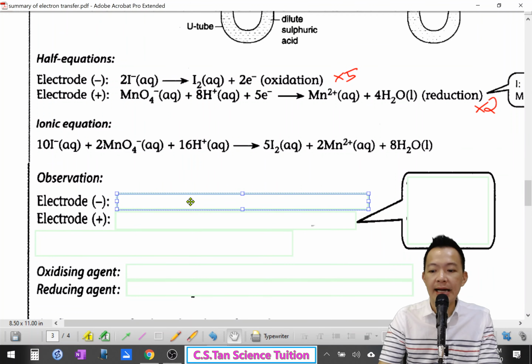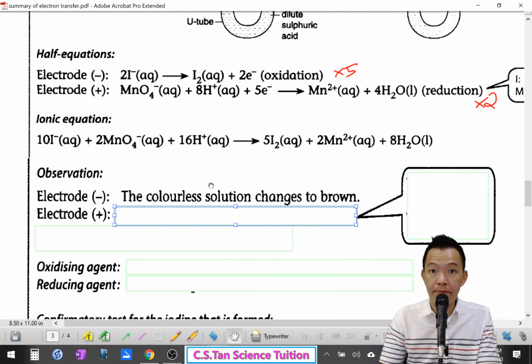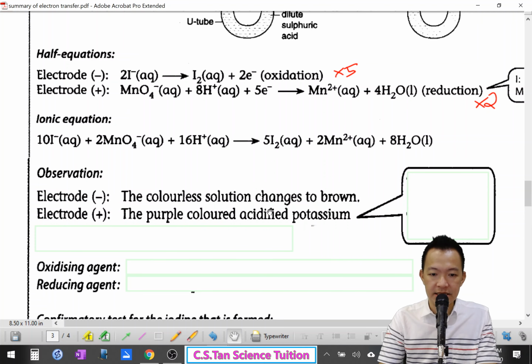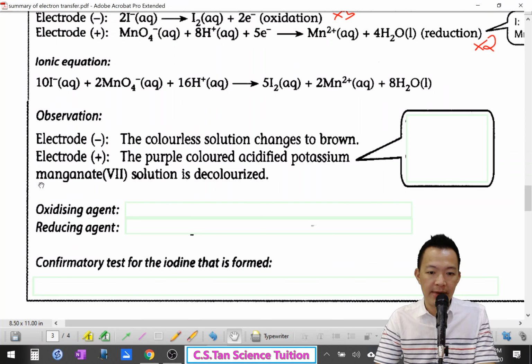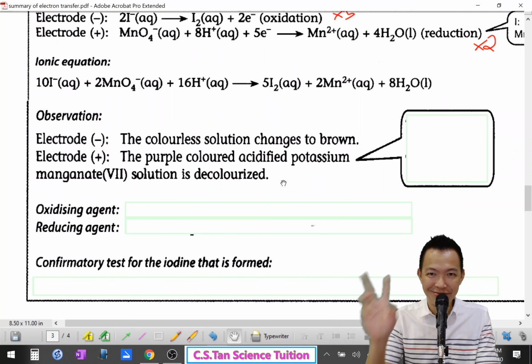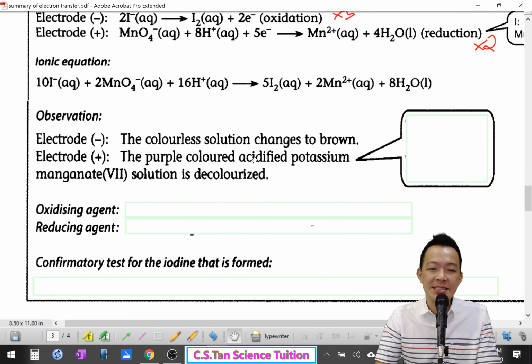So iodide colorless becomes brown. Positive, manganate purple color decolorized. So the purple color acidified potassium manganate is decolorized. Simple. Oxidizing agent.